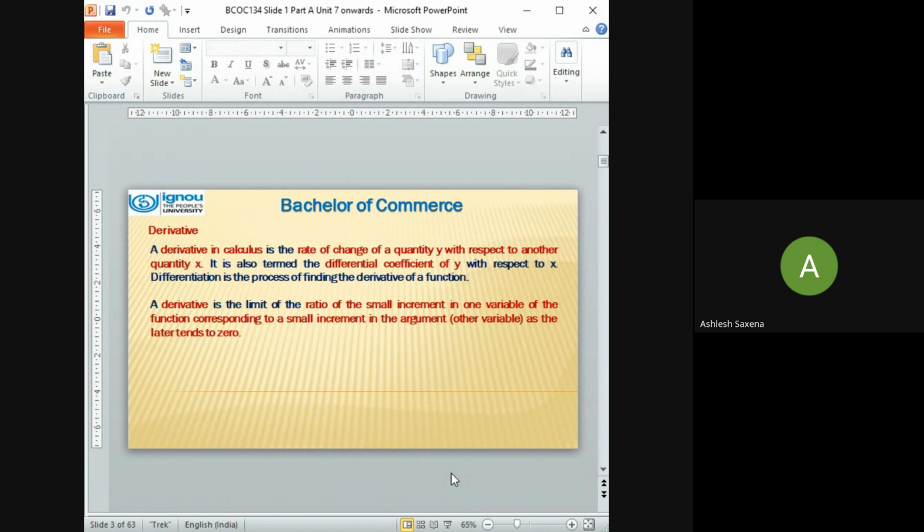Now what is this derivative? Derivative in calculus is the rate of change of a quantity y with respect to another quantity x. It is also termed the differential coefficient of y with respect to x. Differentiation is the process of finding the derivative of a function.